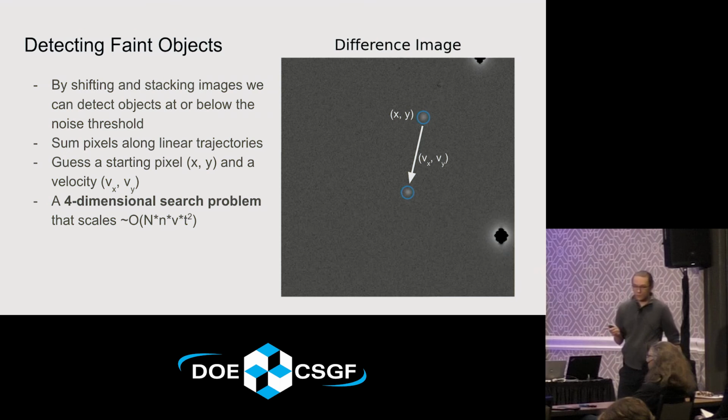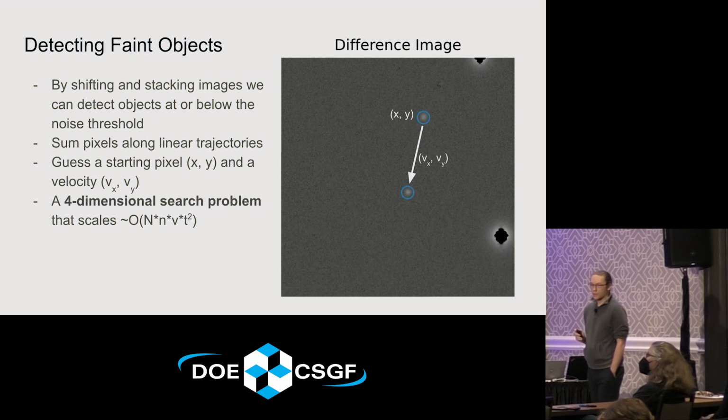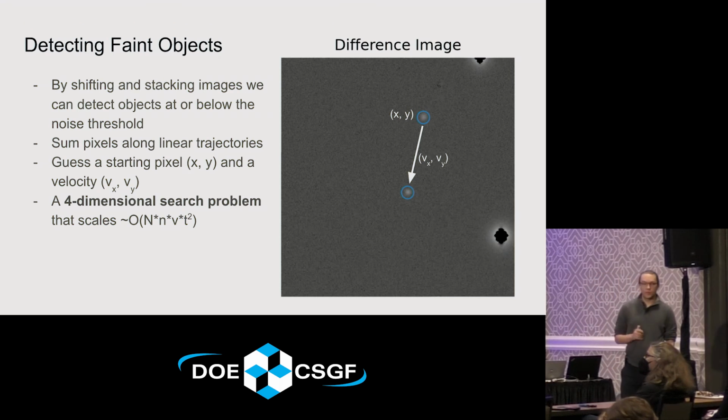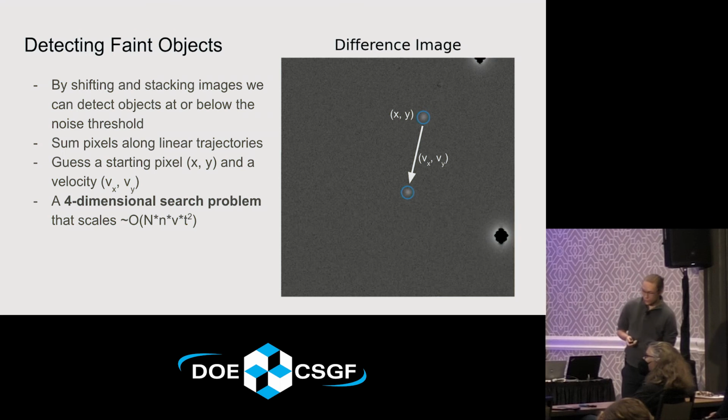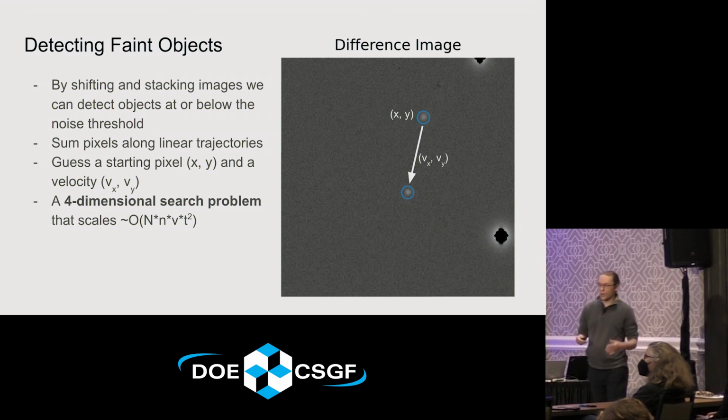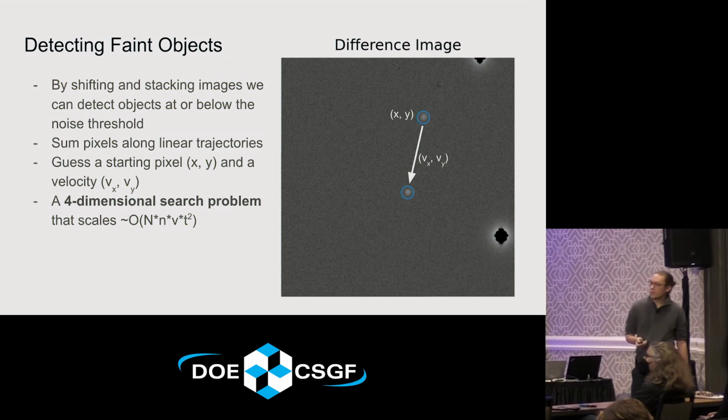And so the data set that I was talking about, the Dark Energy Camera Deep Drilling Field survey, challenges how you can do these shift and stack searches, because first the number of images goes out to hundreds, and the time baseline goes out to 3 months. So using shift and stack on this data set would be a novel application of this method.